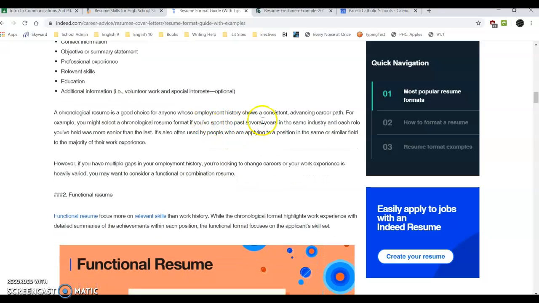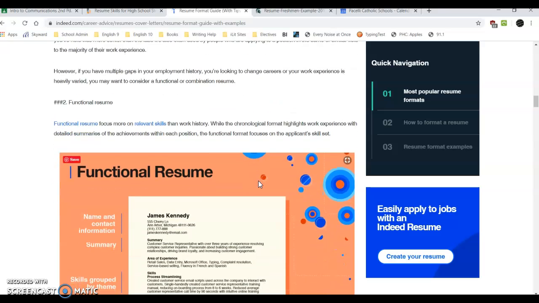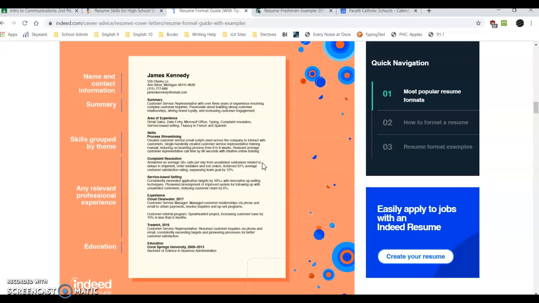So yeah, it says if you spent the past several years in the same industry and each role was more senior than the last, so if you've been getting promotions, etc. Here's the functional resume. Again, it has your contact information, the summary, areas of experience, etc. But this one is more focused on, rather than the jobs you've held, the skills you possess. All right. I hope you're noticing the formatting on most of these things.